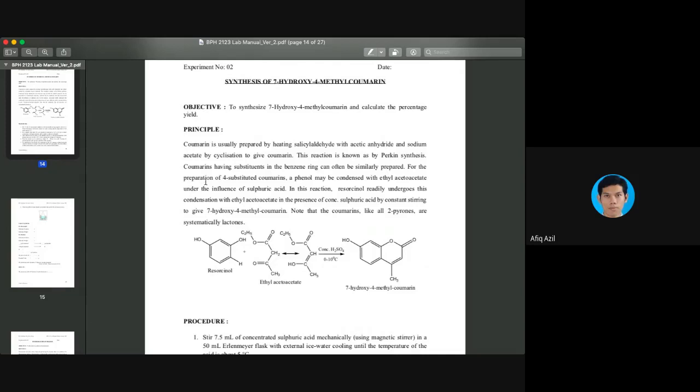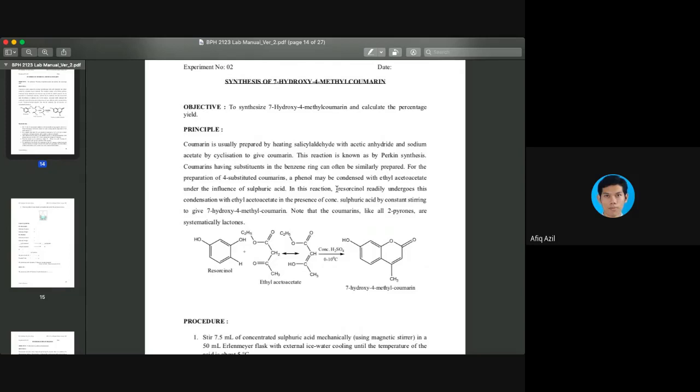For preparation of 4-substituted coumarins, a phenol may be condensed with ethyl acetoacetate under the acidic condition of sulfuric acid. You may add sulfuric acid, and the reaction must be done at a very low temperature.